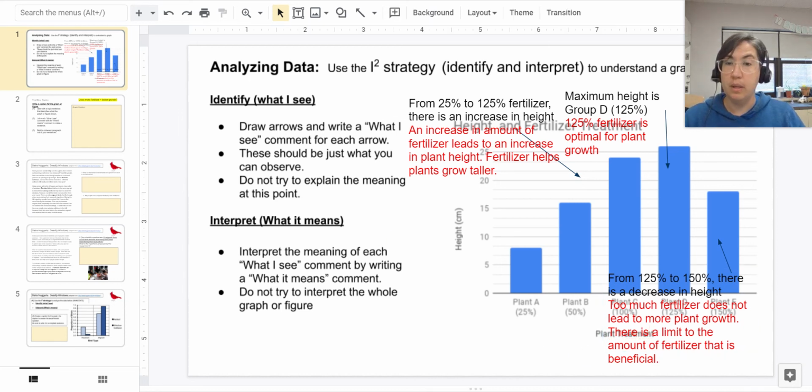All right. So I think we have some good identification and interpretation. So we need to take this information and use it to write a conclusion or a caption for our graph. So we're going to go to the next slide.